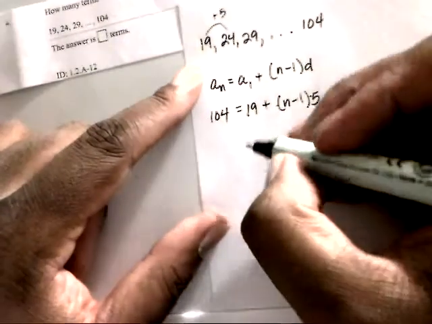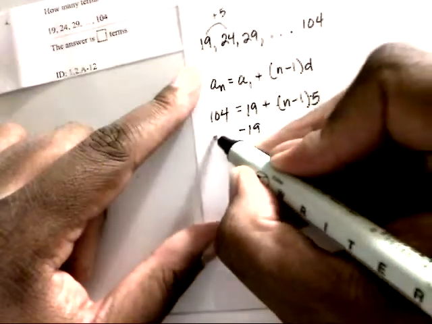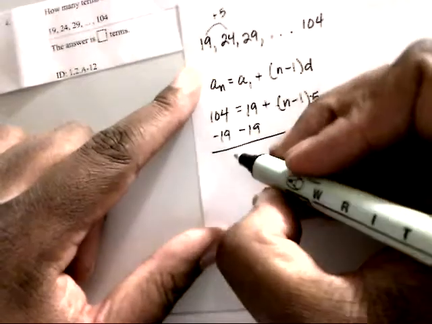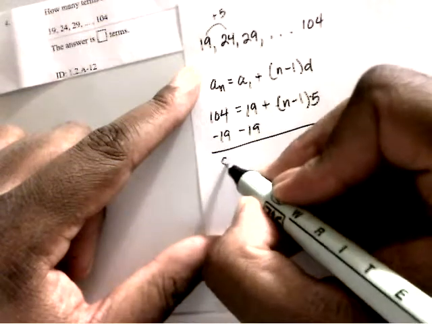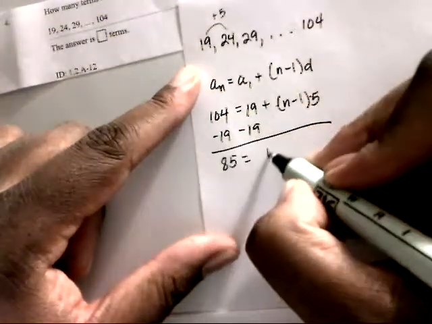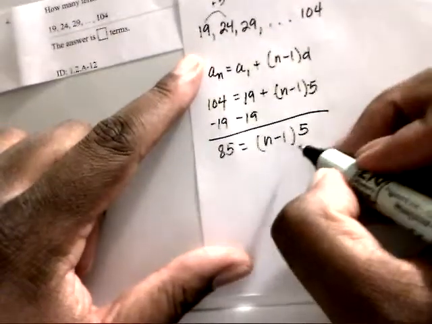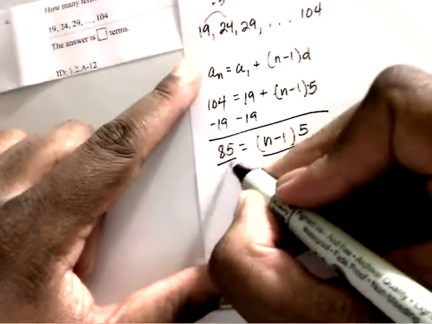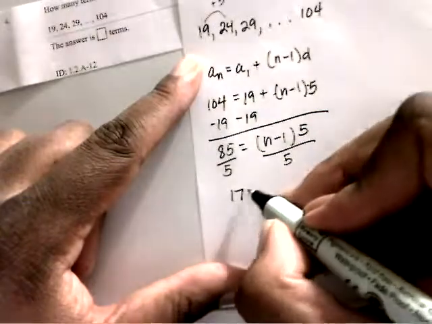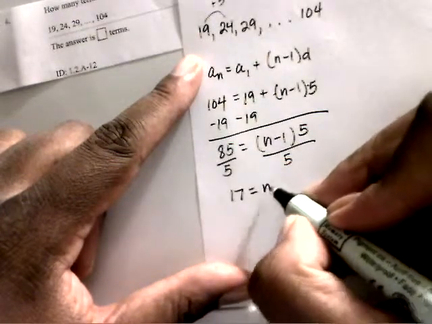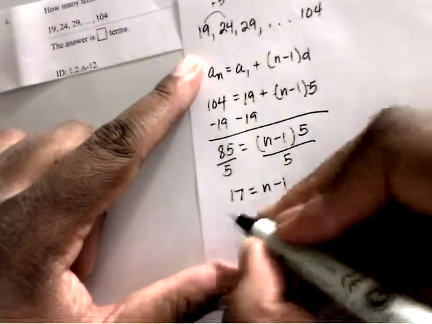Okay, so let's simplify this by subtracting 19. So that means we're going to have 85 is equal to n minus 1 times 5. Now if you divide by 5, 17 is going to be equal to n minus 1.